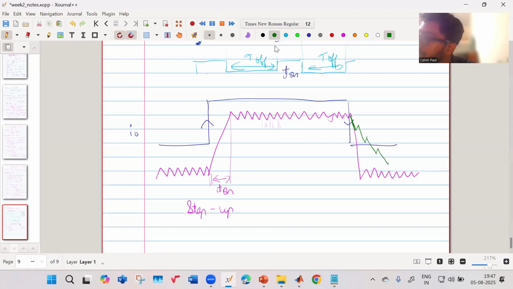Again the fixed off time, then the minimum on time. Again the fixed off time, then the minimum on time, and so on. Then it will reach the steady state. So this is the step down. The step down performance is poor, but the step up performance is good for the constant off time control.